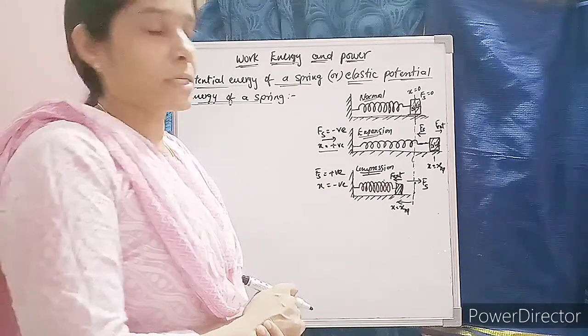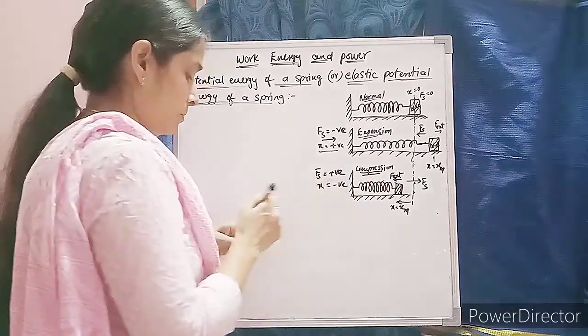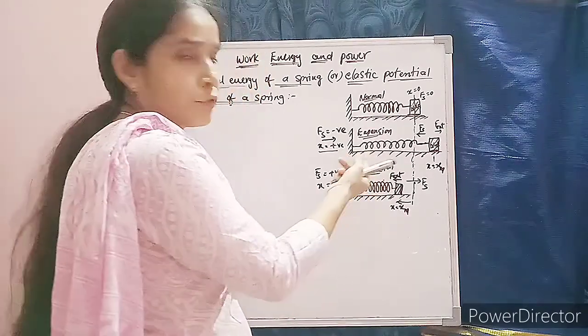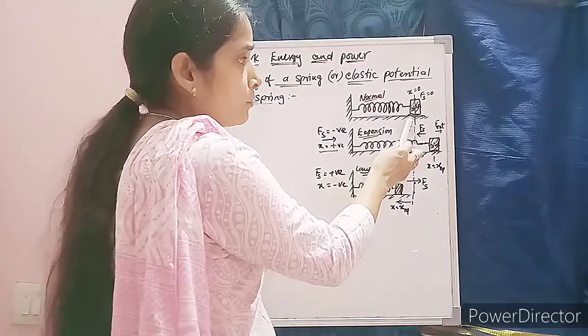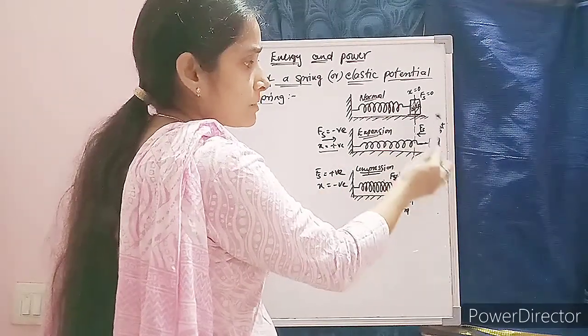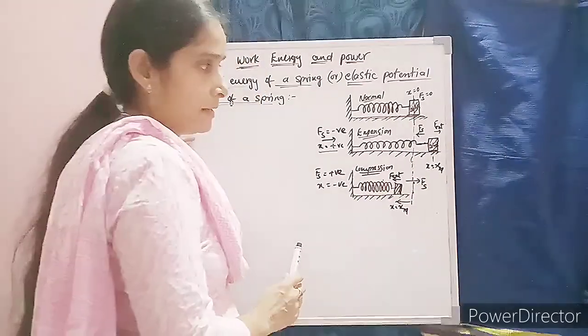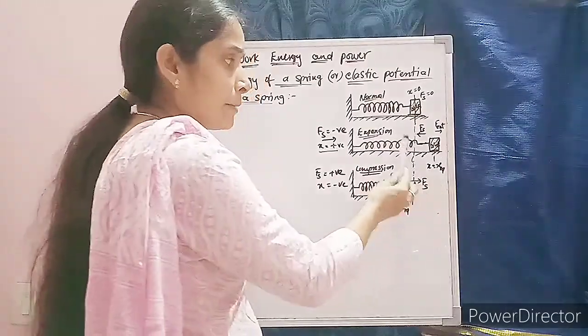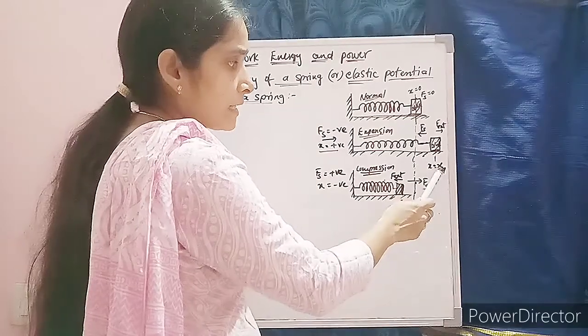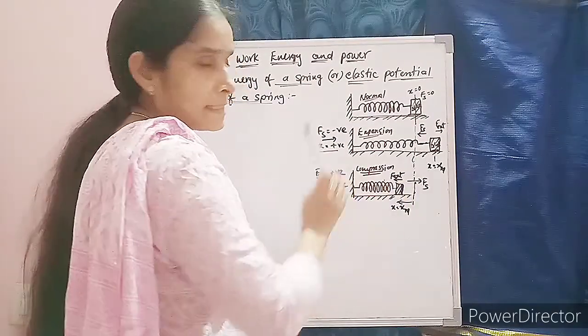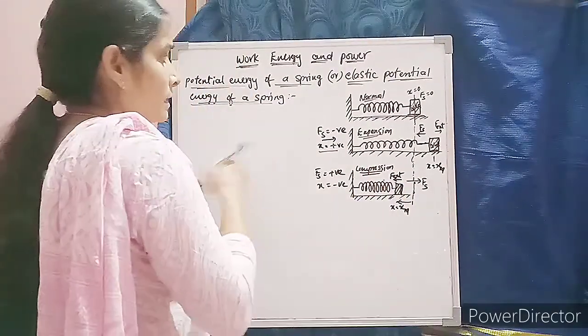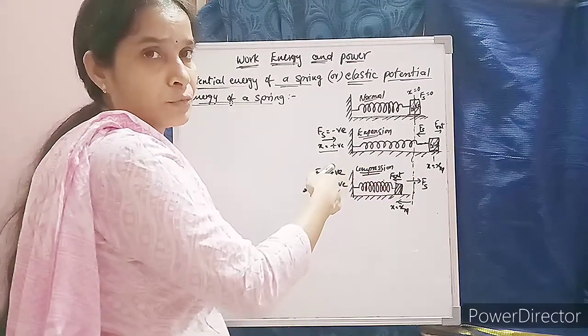Now the work done by the spring force in a cyclic process. Let us take the expansion only. The block is displaced from x equal to 0 to x equal to xm, and again it comes back from x equal to xm to x equal to 0. So that means the block comes back to the initial position.